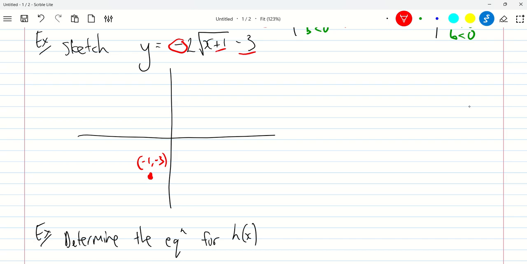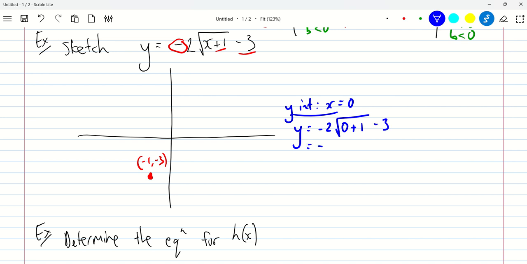It might also be good to find the y-intercept, because that'll help us. That's when x is equal to 0, and so y is equal to negative 2 root 0 plus 1 minus 3, which is negative 2 root 1 minus 3. So negative 5.